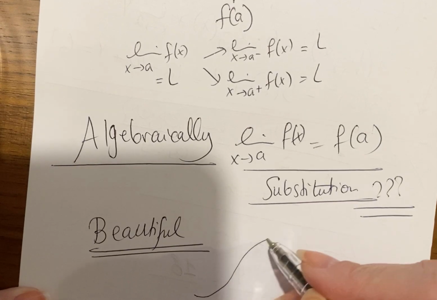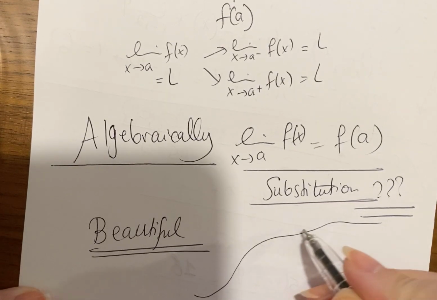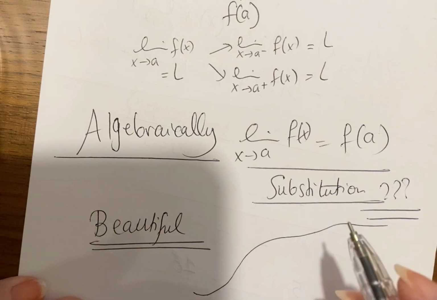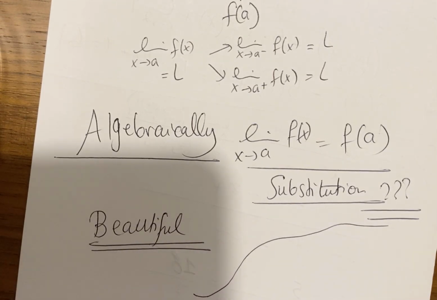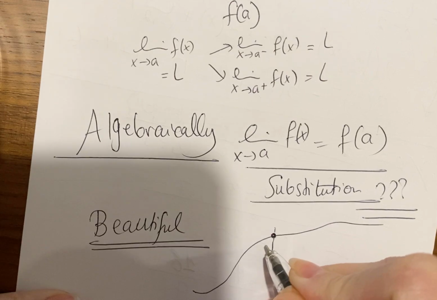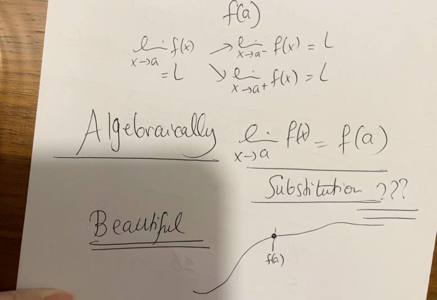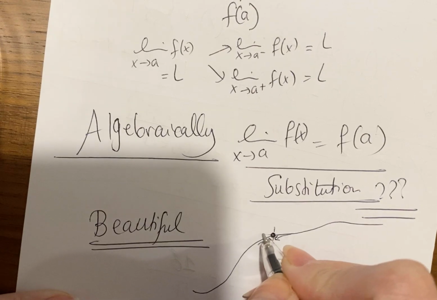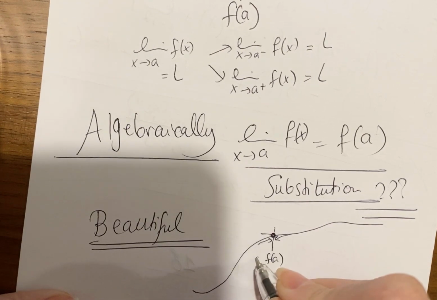Those functions, if I look at them, I will see that they are smooth. They are what we call continuous functions. They don't have holes, or they don't have asymptotes. They don't have such kinds of things. And when a function is smooth, what happens to the function value? This will be the function value. And the limit will be exactly the same value.